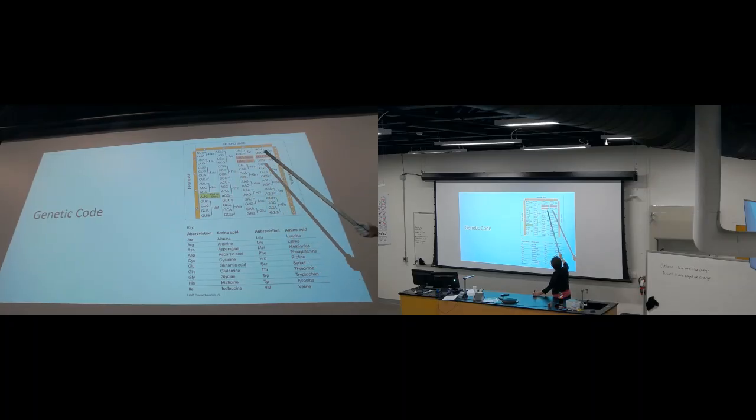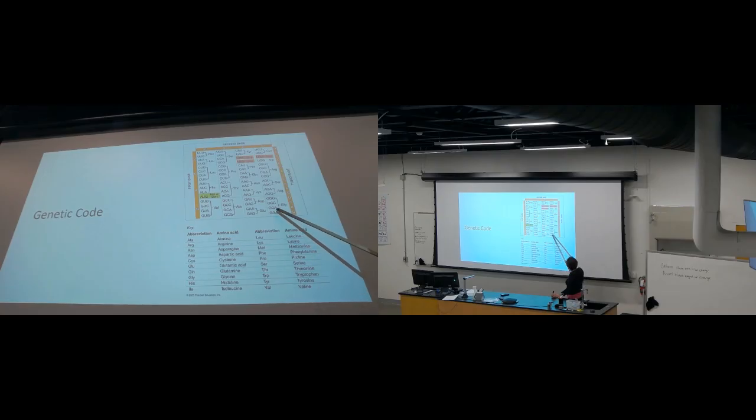And each of these different combinations of the triplets will tell you what type of amino acid you will bring. And then here's the abbreviation for the amino acids. So alanine, arginine, asparagine, aspartic acid, cysteine, glutamine, etc. are the different amino acids that we have.